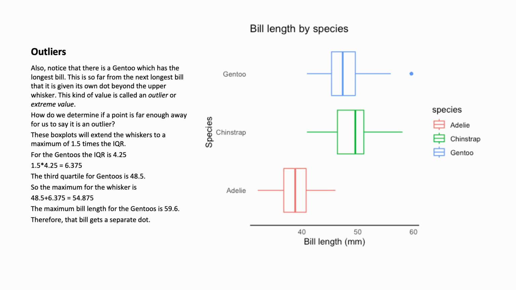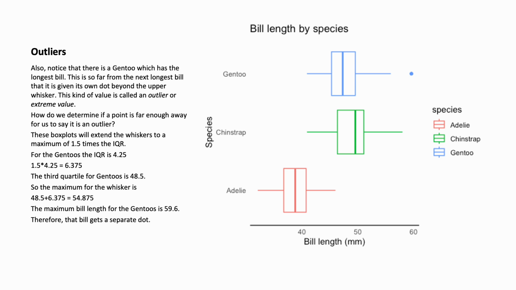So the maximum for the whisker is 48.5 plus 6.375 equals 54.875. The maximum bill length for the Gentoos is 59.6. So therefore that particular penguin is beyond 1.5 times the IQR, so it gets a separate dot.